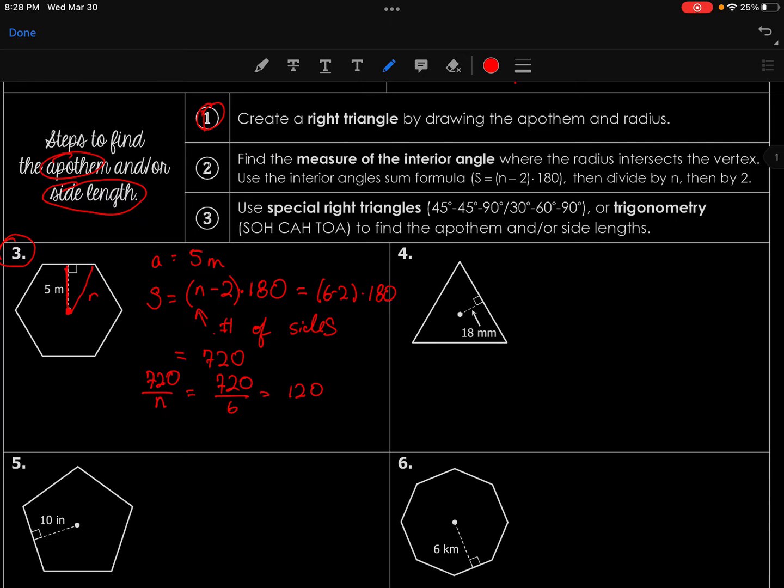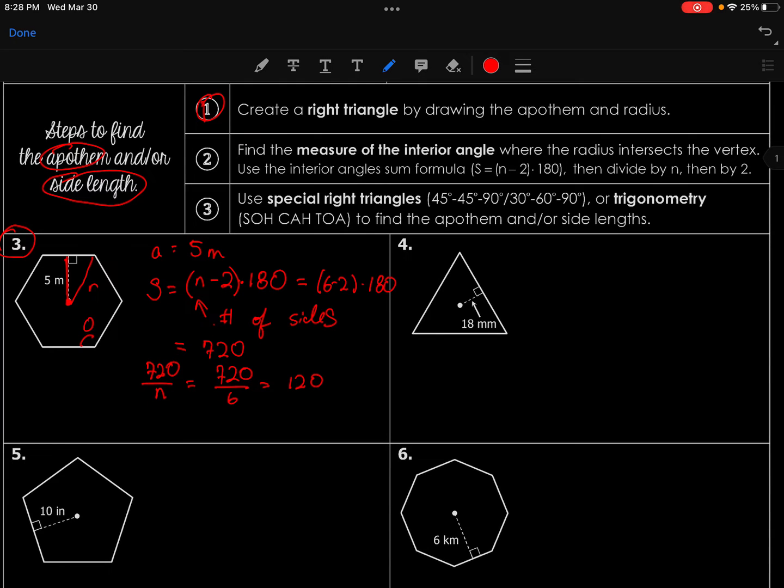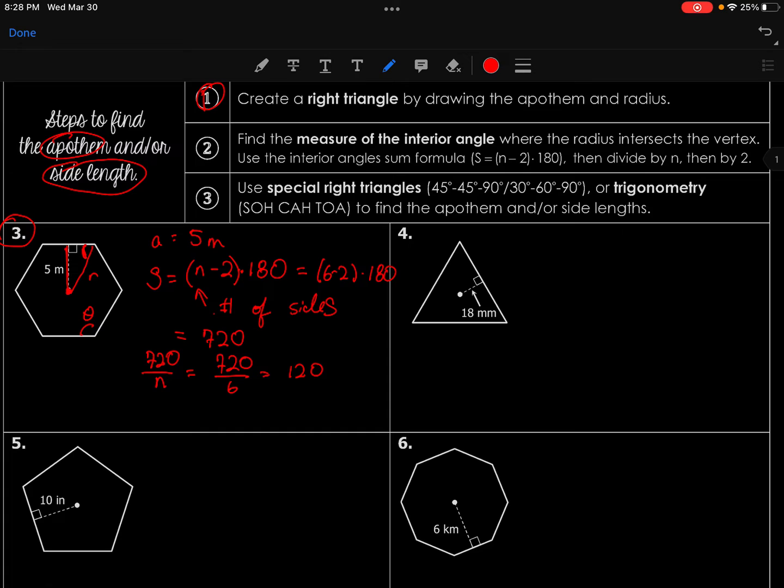However, 120 is just this theta. We're looking for this angle, which is half of it, so it's theta divided by 2, which will give you 60 degrees. So this angle measure is 60 degrees.